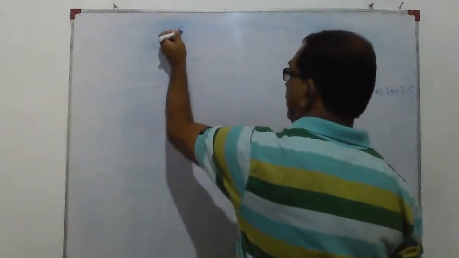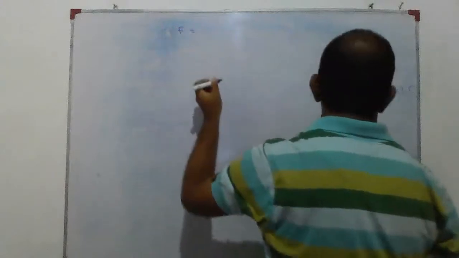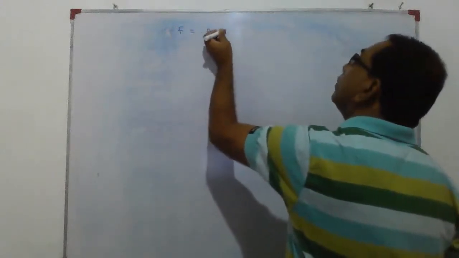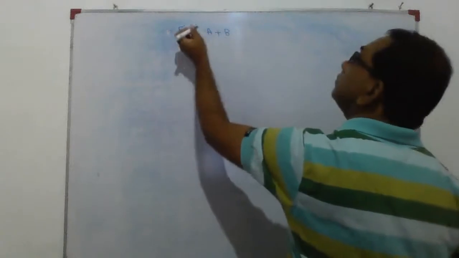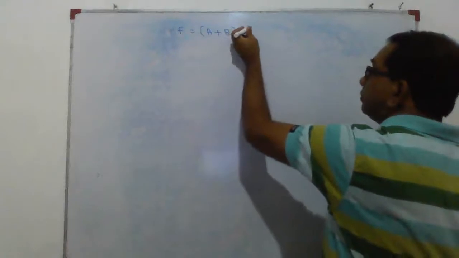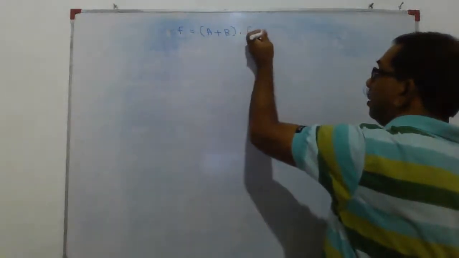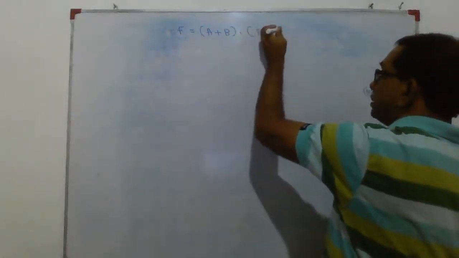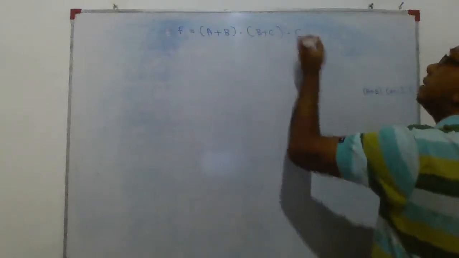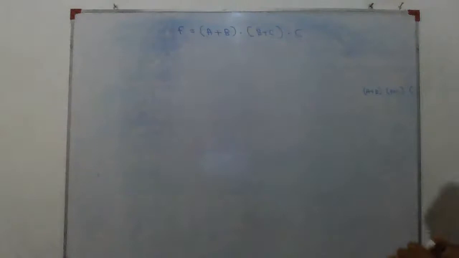F equals A OR B. This is a statement. And B OR C and C. This is the statement. A OR B and B OR C and C.